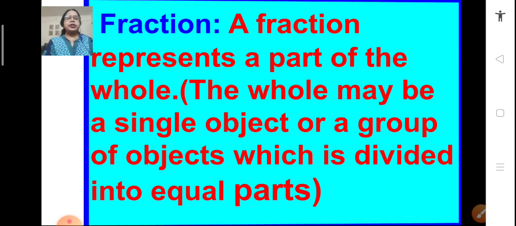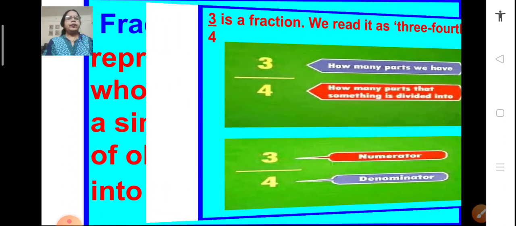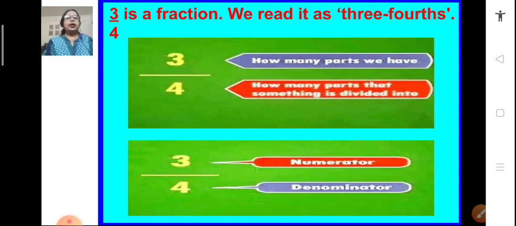So what is a fraction? A fraction represents a part of the whole. The whole may be a single object or a group of objects which is divided into equal parts. Now 3/4 is a fraction. 3 upon 4 is a fraction, and we read it as 3/4.